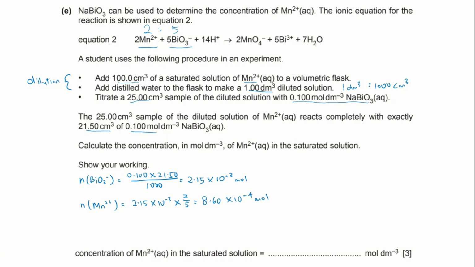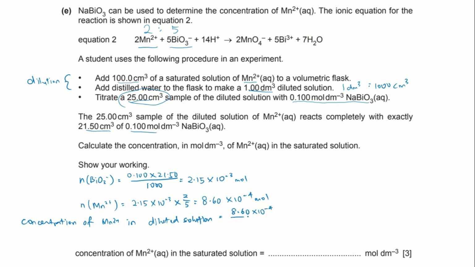Then I can find the concentration of manganese 2 in diluted solution. Concentration will be number of mole divided by volume. So we use 25 for the titration. And I have the number of moles of manganese 2 in the 25 centimeter cube of the solution.